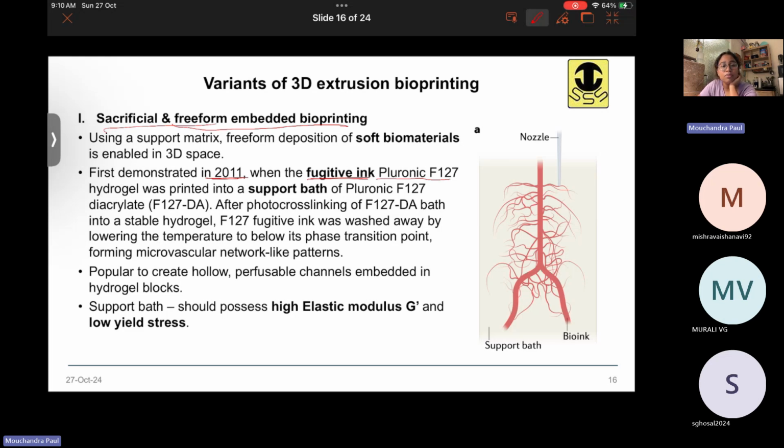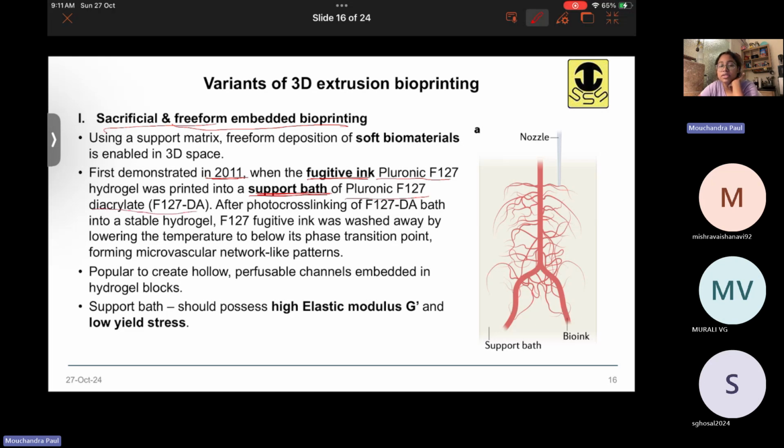And also you cannot form chemical crosslinks with the material itself. You have to modify it by adding some more groups in order to form chemical crosslinks. So this researcher in 2011 used Pluronic F127 as a fugitive ink and printed it inside a support bath that is made up of modified Pluronic, called Pluronic F127 diacrylate.